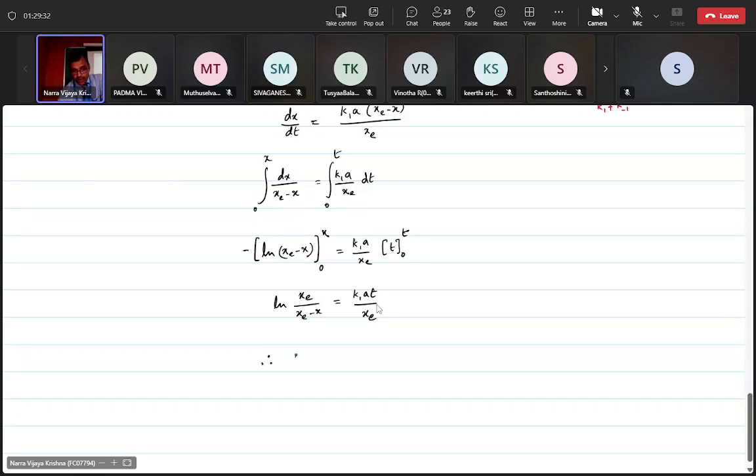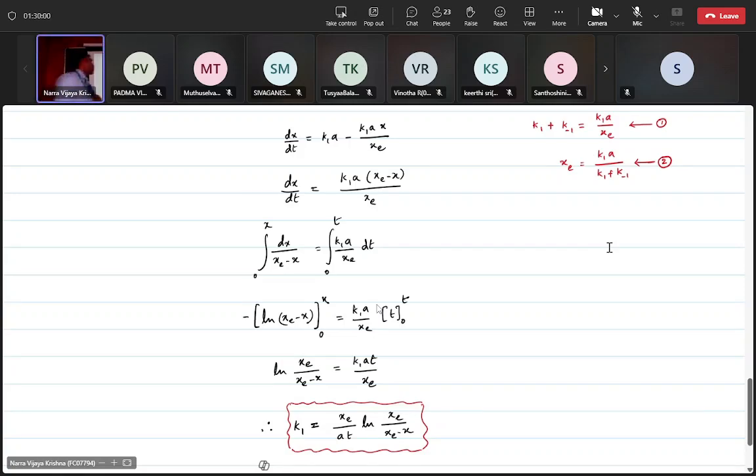Means rate constant K1 equal to what will you get? Xe upon At log xe upon xe minus x. This is the rate constant for opposing reactions.